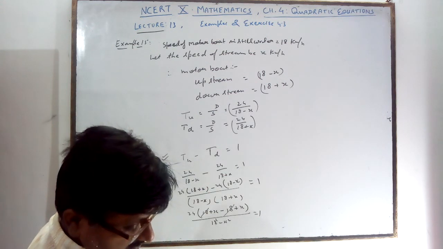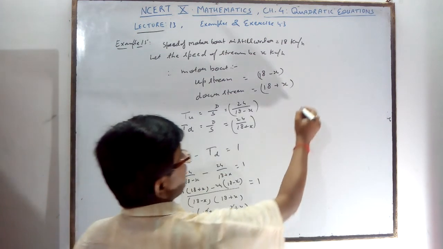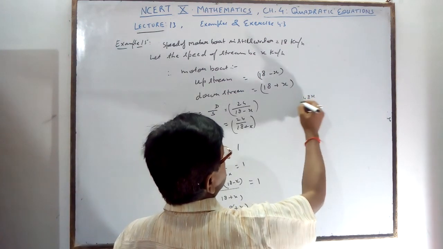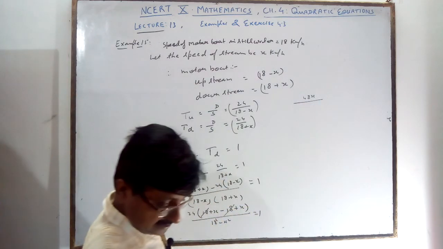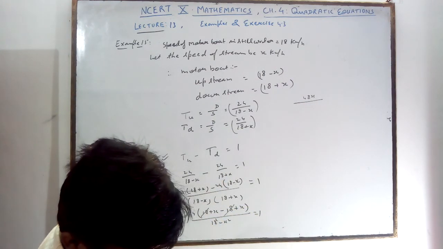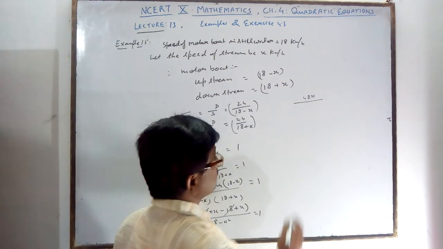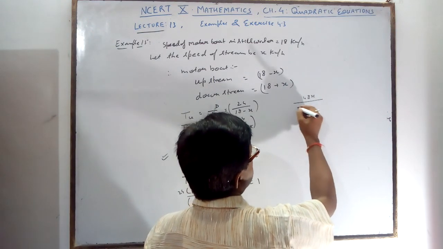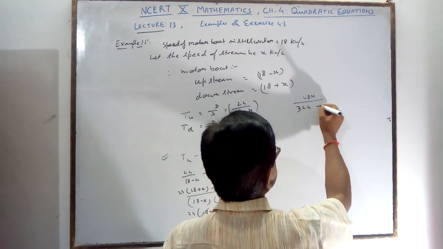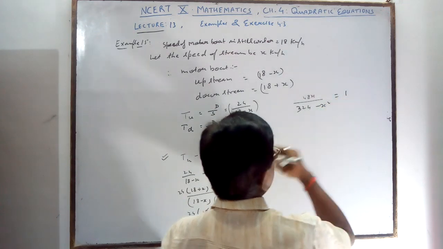What will you get in the numerator? 48x upon 18 square minus x square, which is 324 minus x square, is equal to 1.